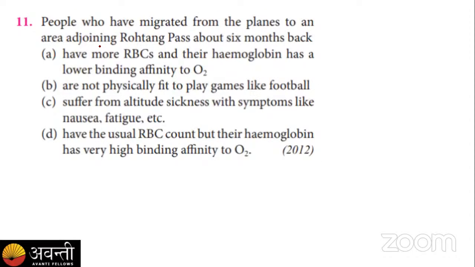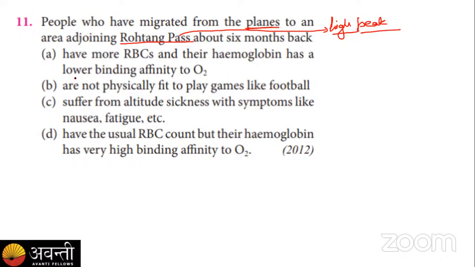That is question number 11. The people who have migrated from the plains to an area adjoining Rohtang Pass. See, the plains are the normal grasslands, right? And Rohtang Pass is a hilly region, a high peak area of the mountain region, about 6 months back. So according to you, what happened to the person?